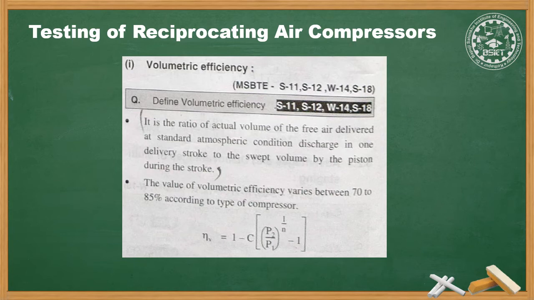The volumetric efficiency, substituting the value of clearance ratio, can also be given by 1 − (Vc/Vs)[(P2/P1)^(1/n) − 1]. This whole equation is for the volumetric efficiency of a compressor.